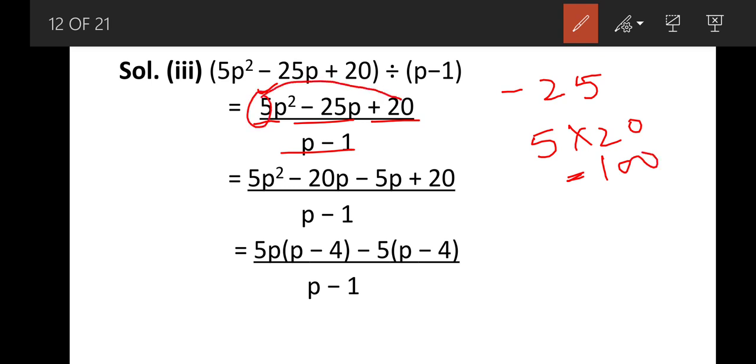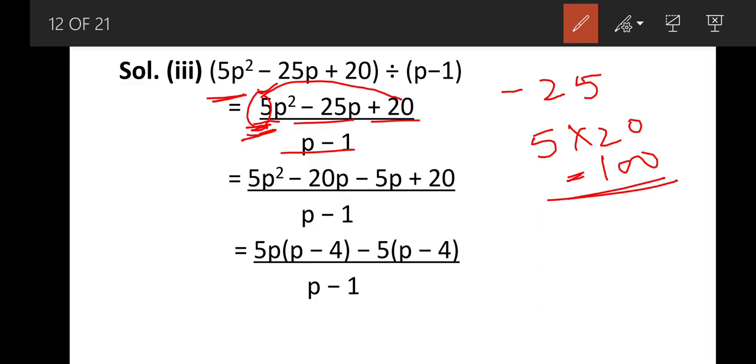If the coefficient is 1, you find the product equal to the last term. If it is not 1, you multiply the coefficient of p² with the last term, and that should be your product, like I have done in this case.